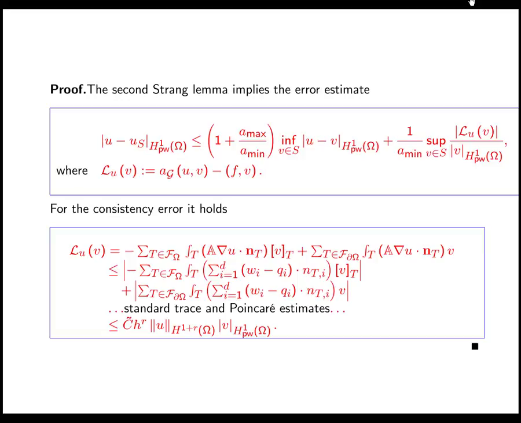This is exactly the point where one can insert some polynomial on the facet of degree p minus 1, because this one is orthogonal to all these polynomials. And then by standard trace and Poincaré estimates, one gets this error estimate. But this is exactly the point where the condition, that these functions should be orthogonal to all polynomials of one degree less, comes into play.